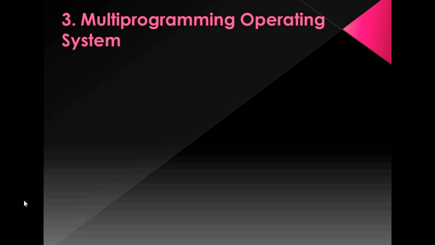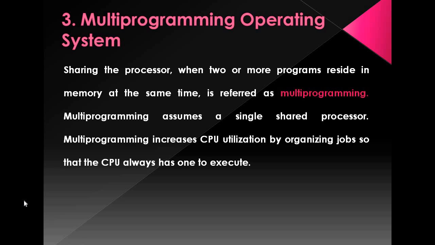Next we'll move on to the third type of operating system, that is multi-programming operating system. As the name implies, multi-programming operating system means running more than one programs at a time. Sharing the processor when 2 or more programs reside in memory at the same time is referred as multi-programming.